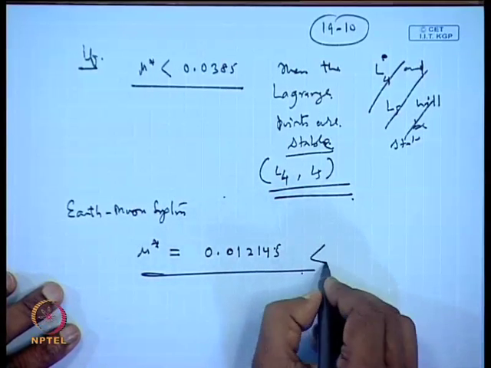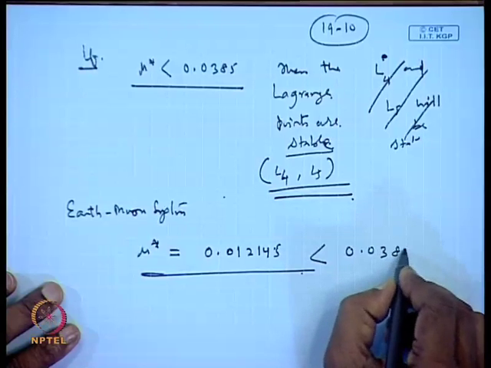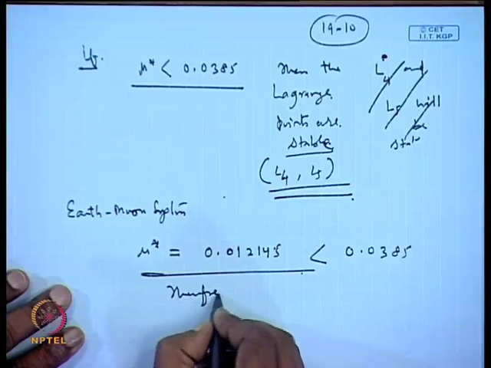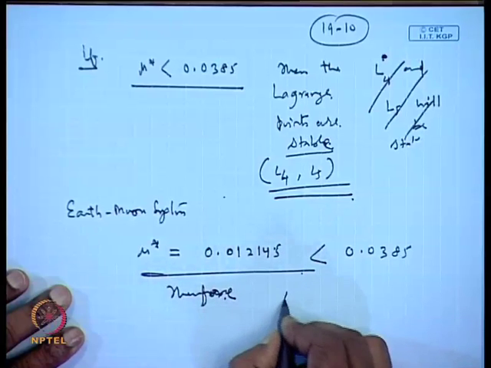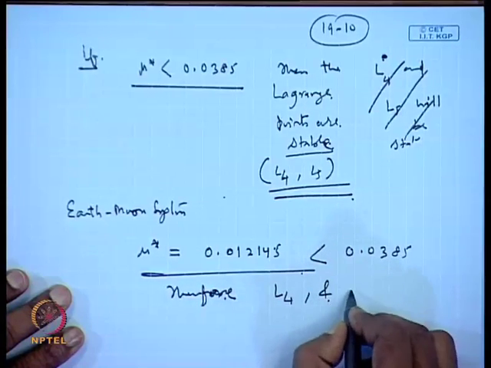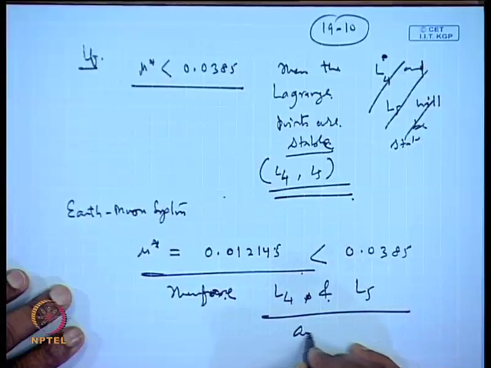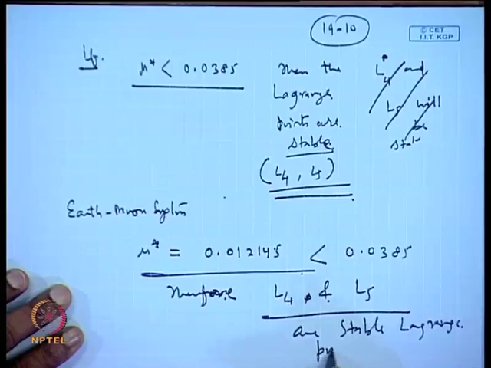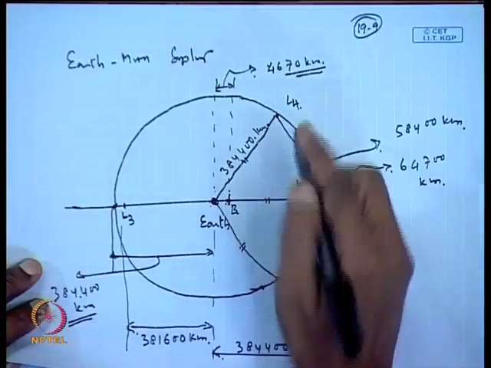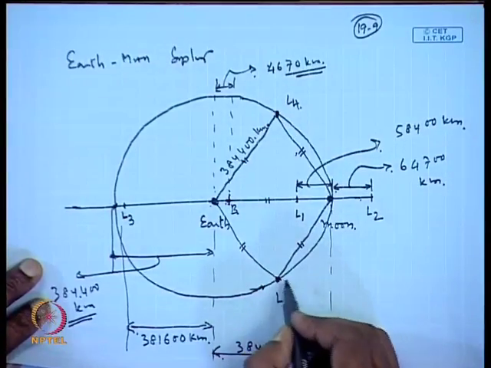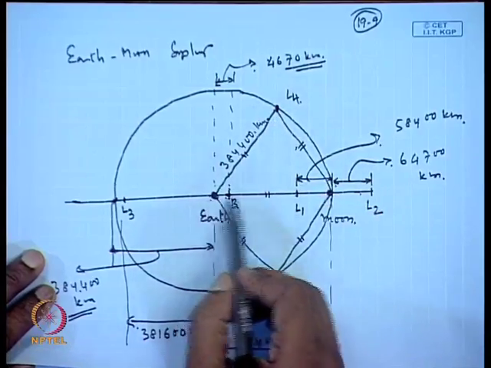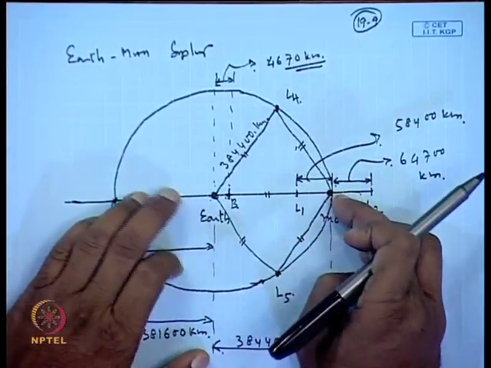This is less than 0.0385, and therefore L4 and L5 are stable Lagrange points. So, this implies that if you put any object at L4 and L5, it will appear to be stationary with respect to the earth and the moon.